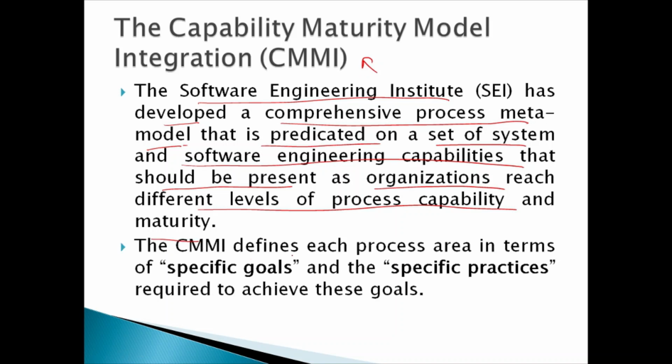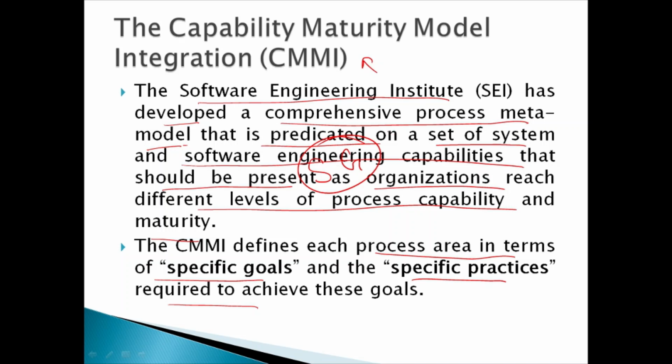Okay, so it defines each process area in terms of specific goals and the specific practices required to achieve these goals. And what are the specific goals and specific practices? If we talk about specific goals, that is SG, it establishes the characteristics that must exist if the activities implied by a process area are to be effective.